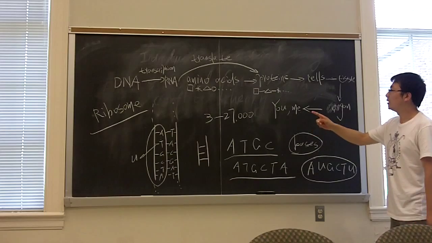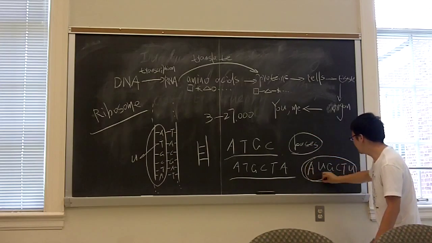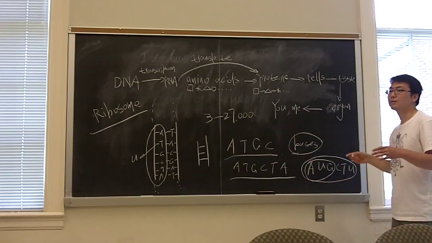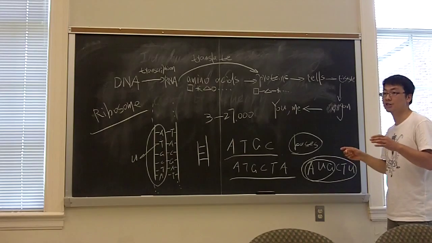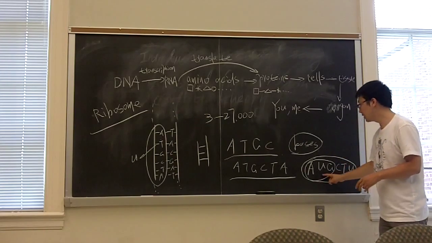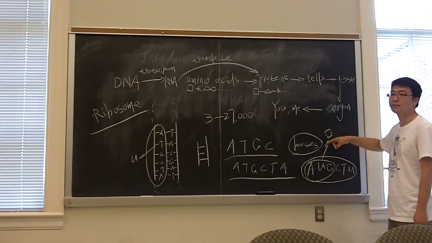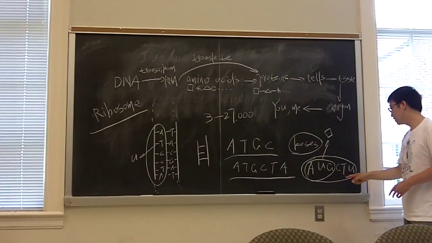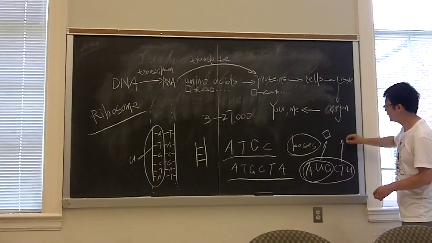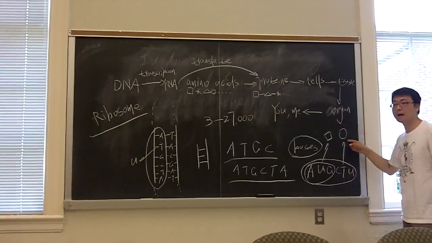Because the ribosome reads 3 RNA bases each time, if the ribosome reads AUG here, it will know this kind of amino acid. If the ribosome reads CUU here, it will be this other kind of amino acid.